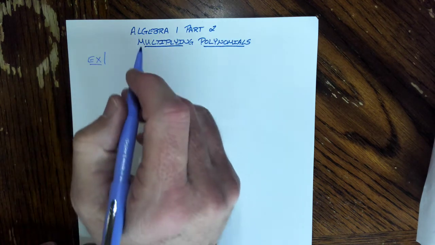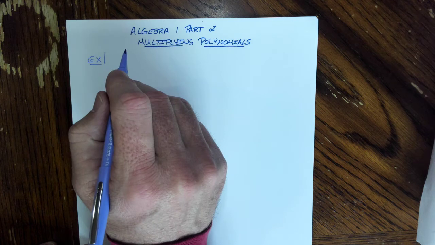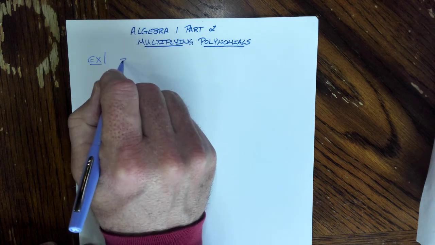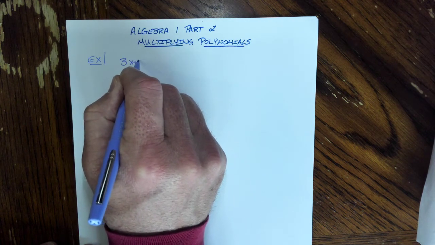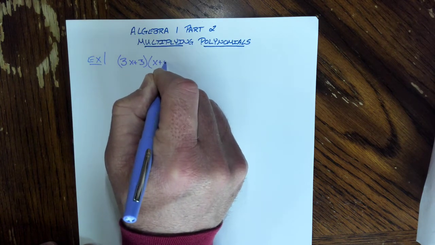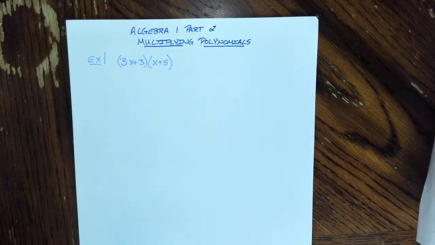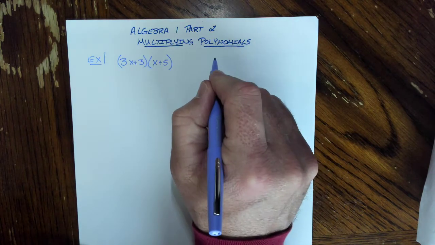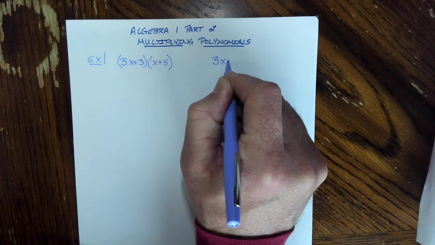So if I gave you the example of 2x plus 3 times the quantity of x plus 5, you got two options. You can set these things up vertically, which again we discussed in the last set of notes.